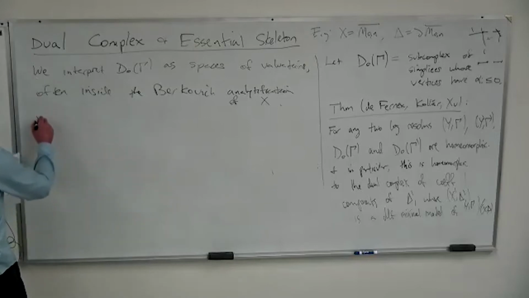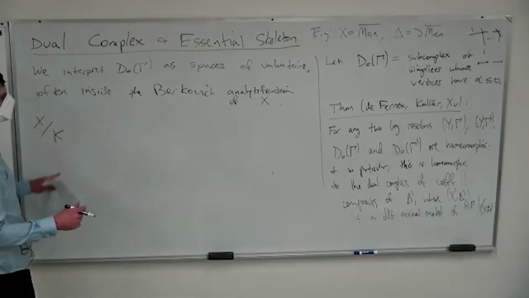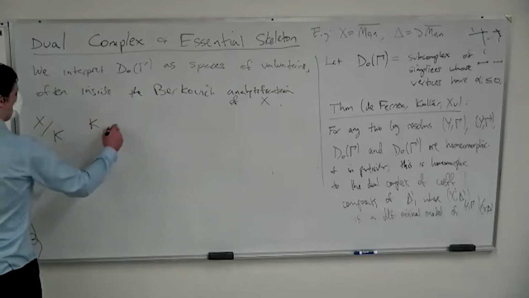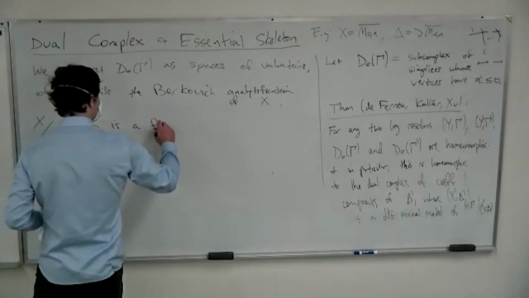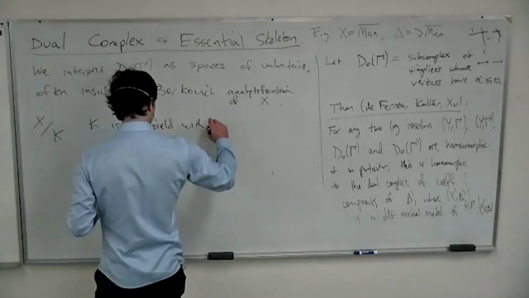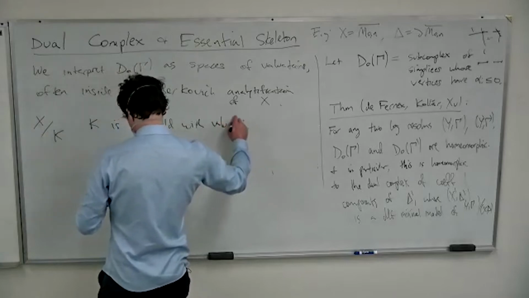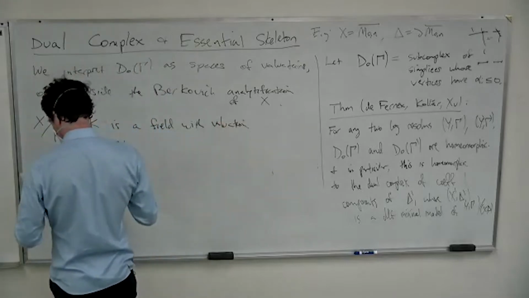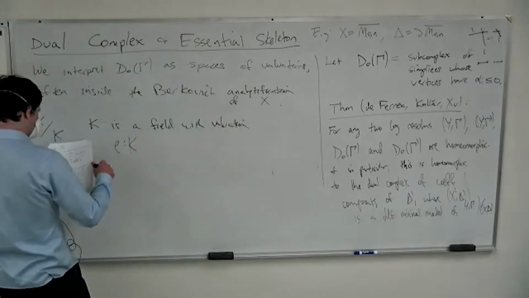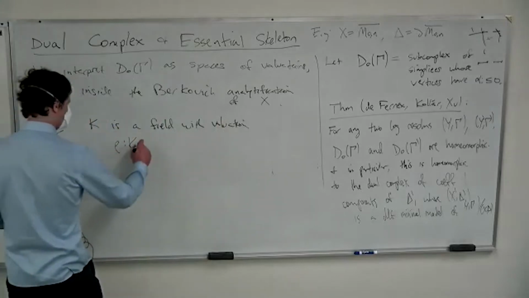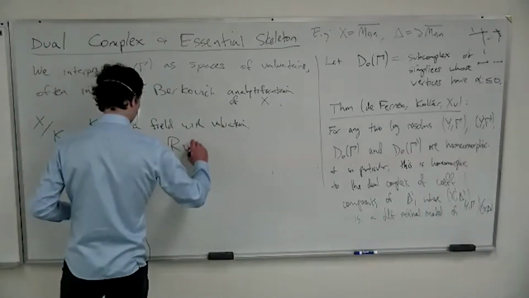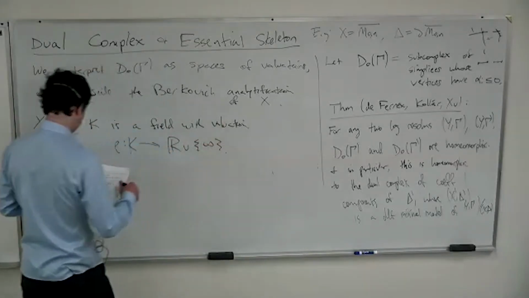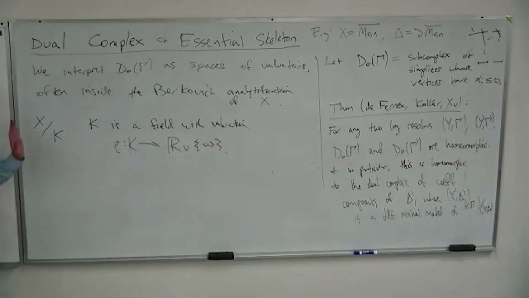But the idea is you have X, you say X is over some K. If we're taking the analytification, we're going to say that K is a field with valuation. I guess in my notes I called it rho because often people use nu and then v for other valuations, and it looks too similar. So I have some valuation on the base field, which might be trivial. In fact, later on, we're going to be looking at the trivially valued case for the most part.